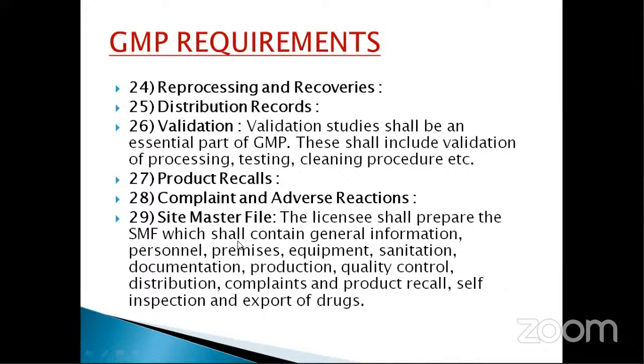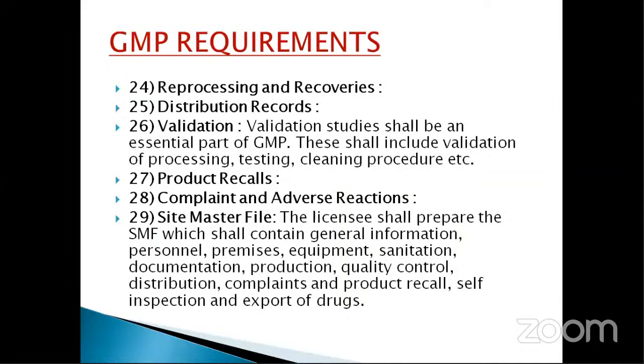And the last one, a very important thing, is the site master file. Site master file, SMF, is another important document. It should be made and kept by each and every manufacturing unit of the pharmaceutical products. The licensee shall prepare this document.